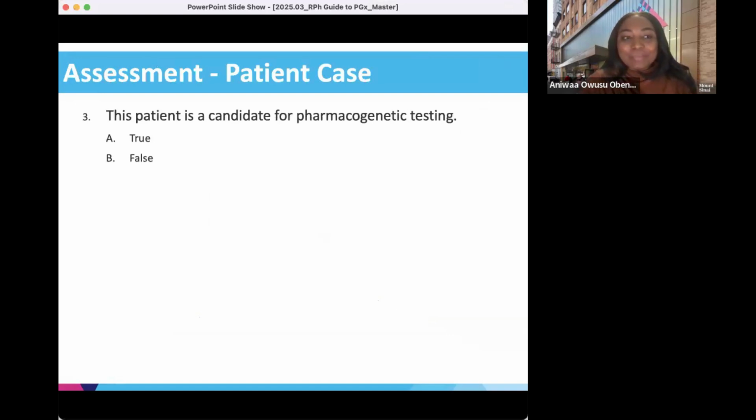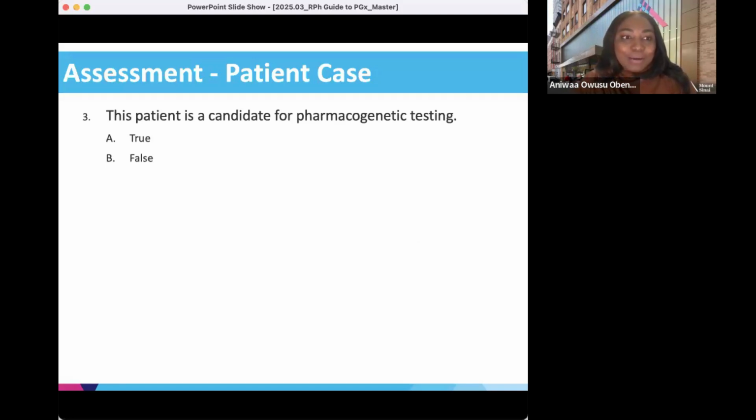So is this patient a candidate for testing? You can type it in the chat. Okay, I'm seeing some A's and some B's, so it's divided.